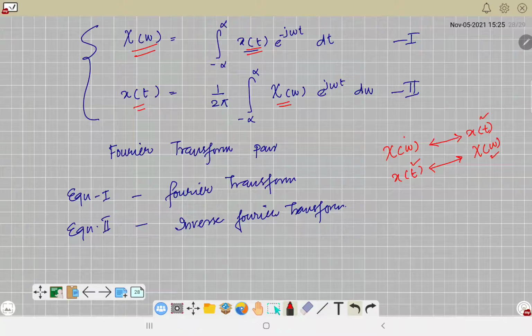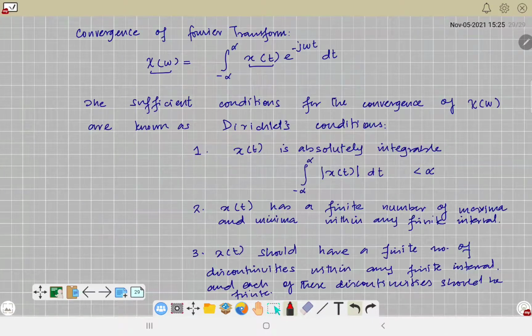Anyways, we have this pair of expressions. But for this forward integral, getting the frequency domain representation from the time domain representation, there are some conditions that x of t must satisfy. These are sufficient conditions, they're not necessary conditions. It means that there are signals which may not satisfy one of these conditions, but you will still be able to find their transform, right?